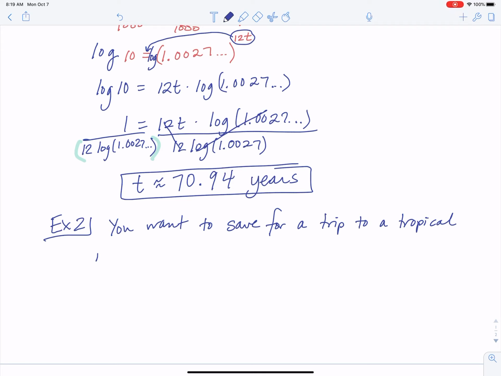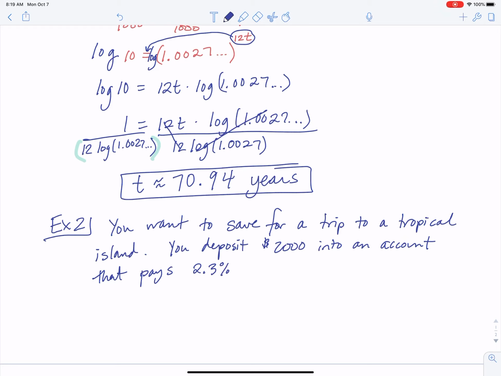To a tropical island. You deposit $2,000 into an account that pays, let's say, 2.3% compounded continuously.